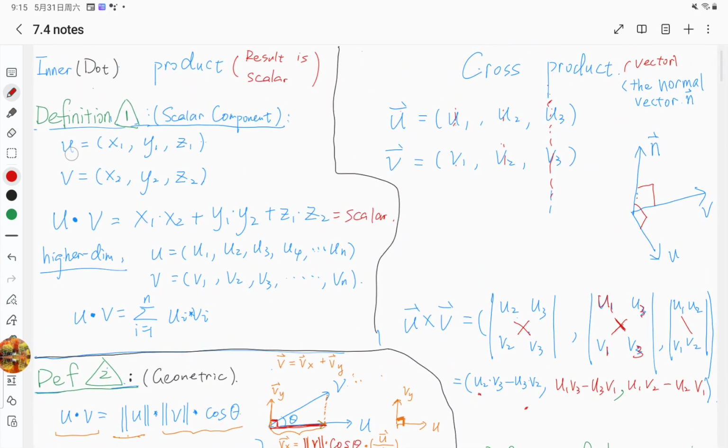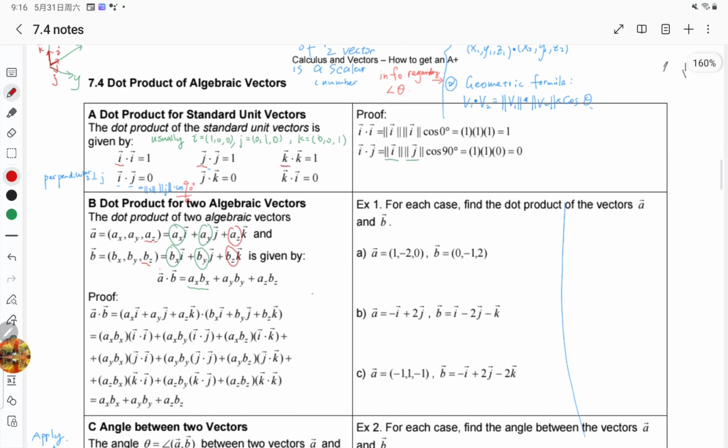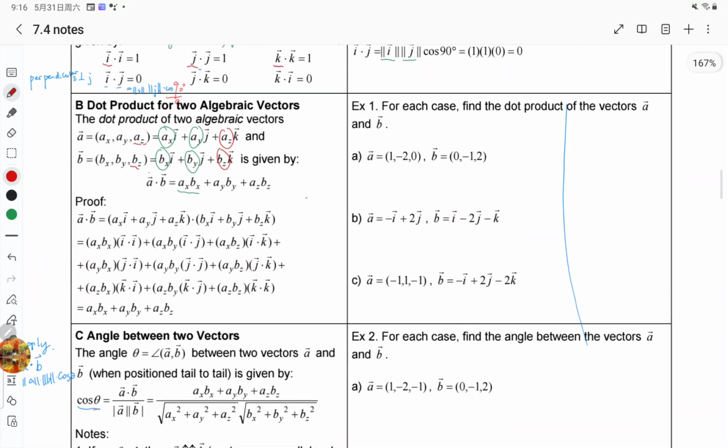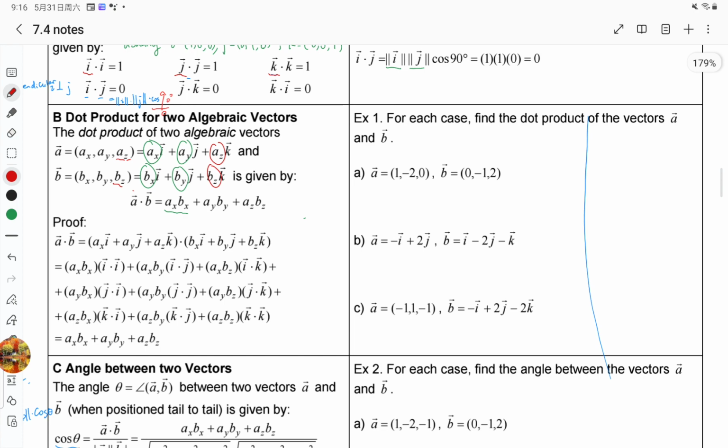So if u is a vector of component form x1, y1, z1, and v is another vector of component form x2, y2, z2, then the formula is just multiply the x's together and multiply the y's together and multiply the z's together. Okay, so there's nothing too fancy about what we talk about, right?